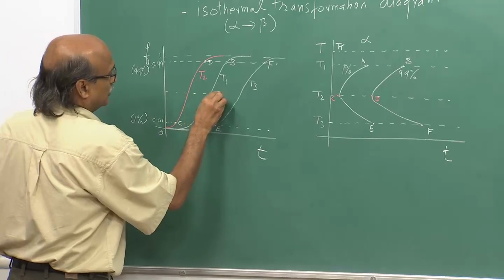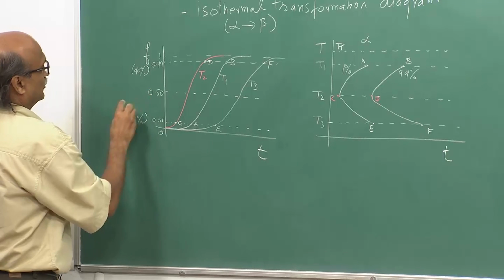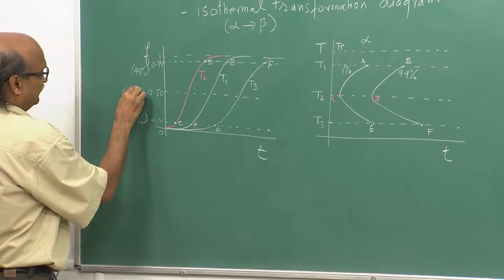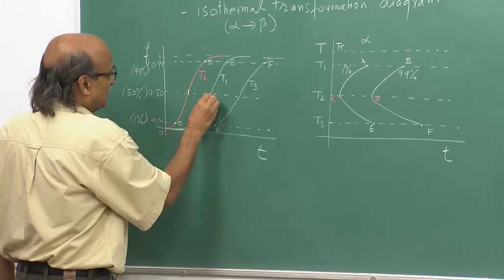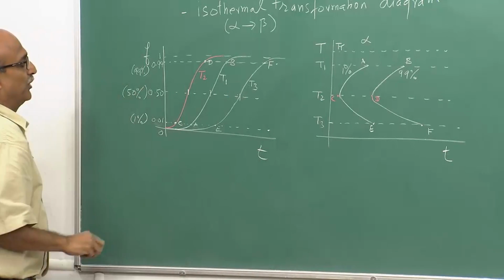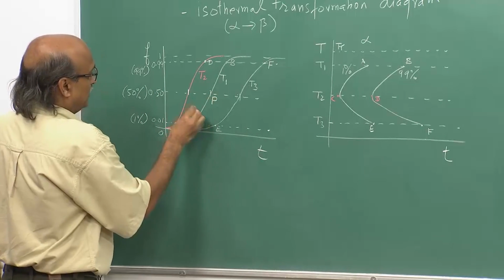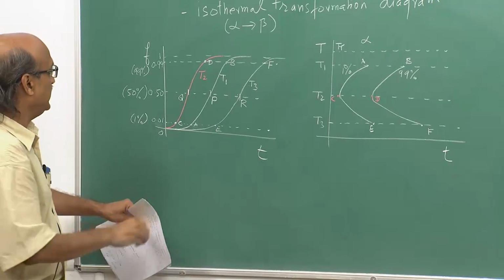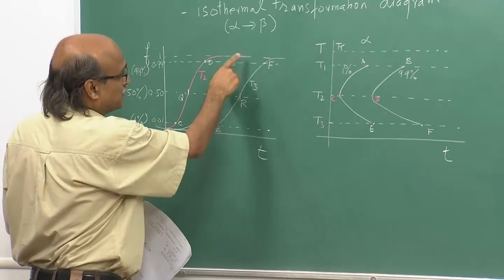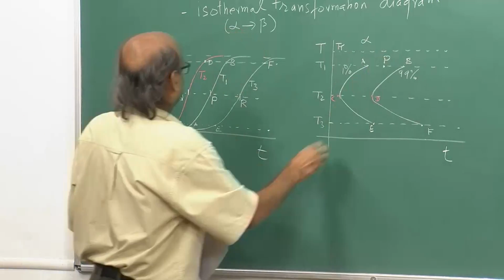Similarly, I can choose other fractions. For example, I can choose 50% complete. So 0.50 on this curve. So I have 3 points to be plotted there, P, Q and R. Point P is for temperature T1, so point P will be here.